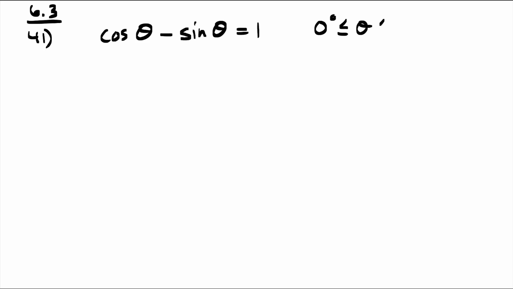Next on the list, 41. Problem 41 is cosine theta minus sine theta is equal to 1. Let's see. So let me write down, this is the degree value here, so we're going from 0 to 360. That's cool.